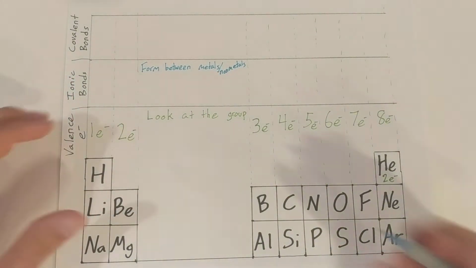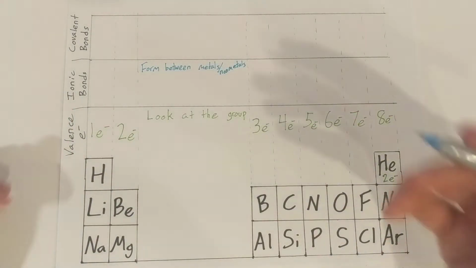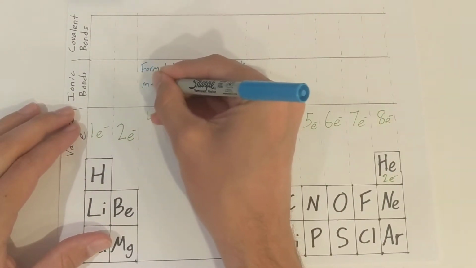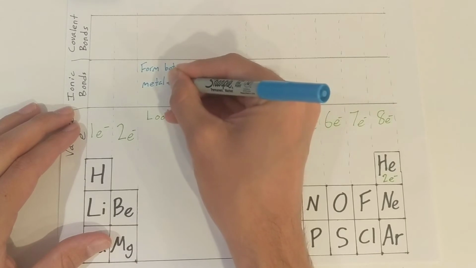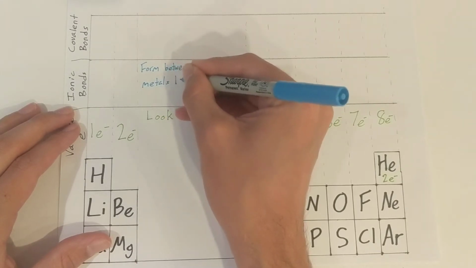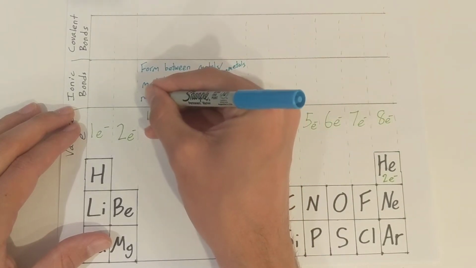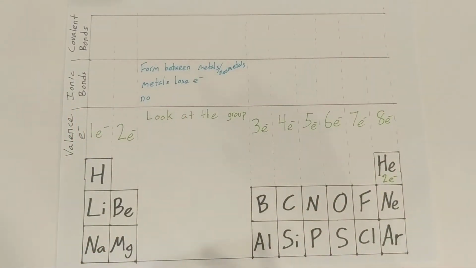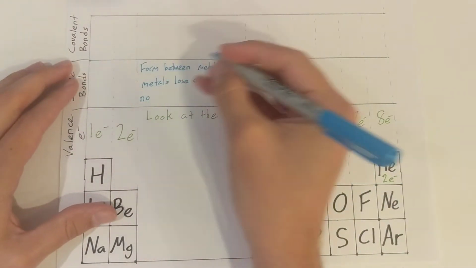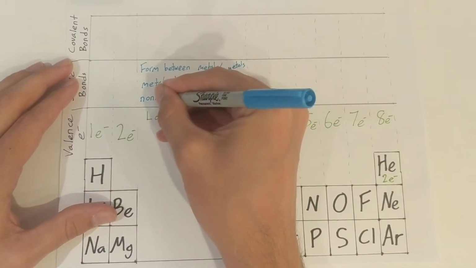And then our metals are always going to be losing valence electrons. Metals lose electrons, where our nonmetals are going to gain those electrons. So you can think our nonmetals are kind of stealing those electrons from the metals.